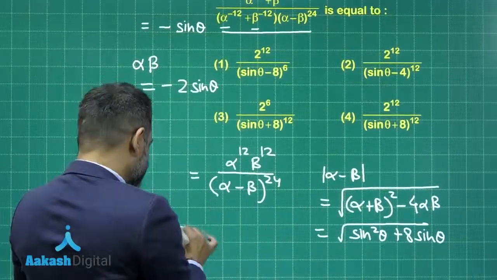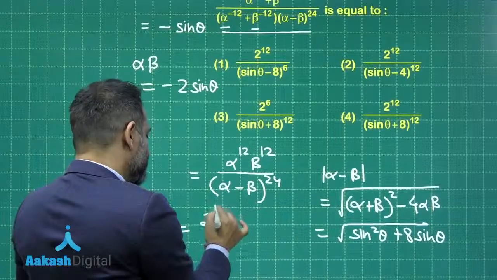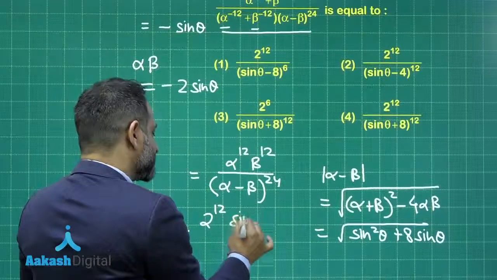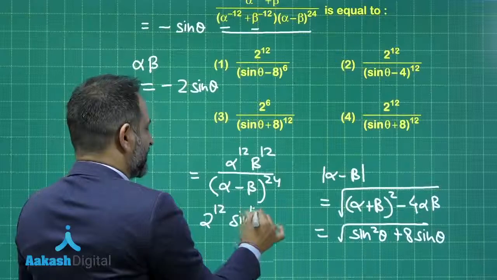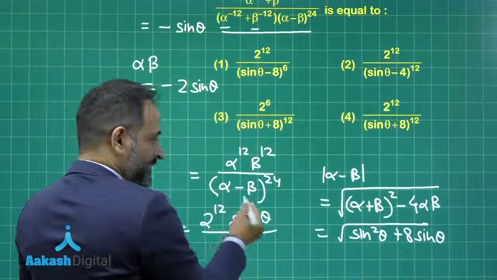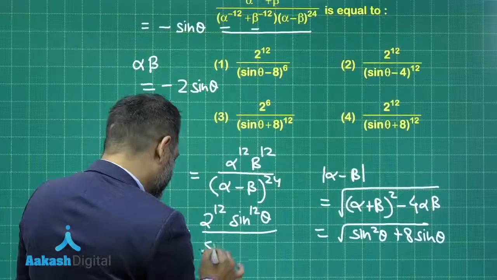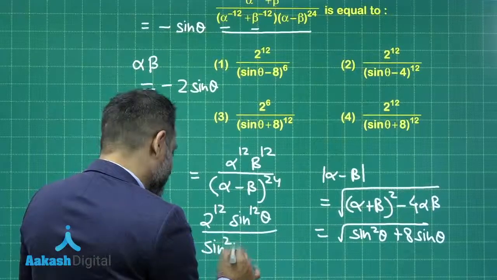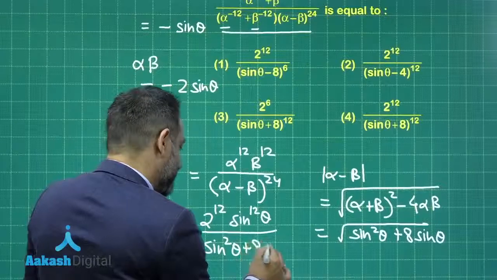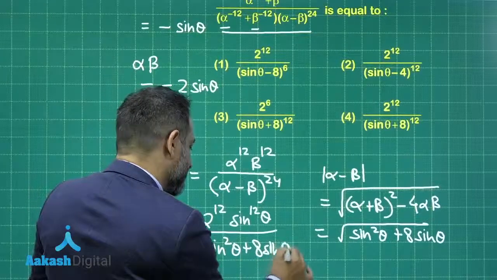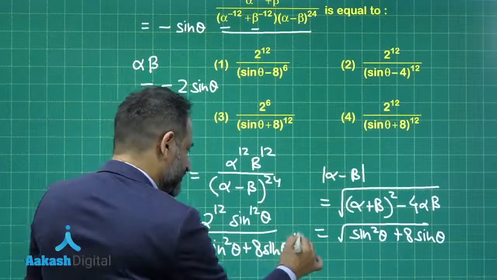So just putting the value here, this is 2 raised to the power 12 sine raised to the power 12 theta, and again substituting this value in the denominator, we have sine square theta plus 8 sine theta raised to the power 12.